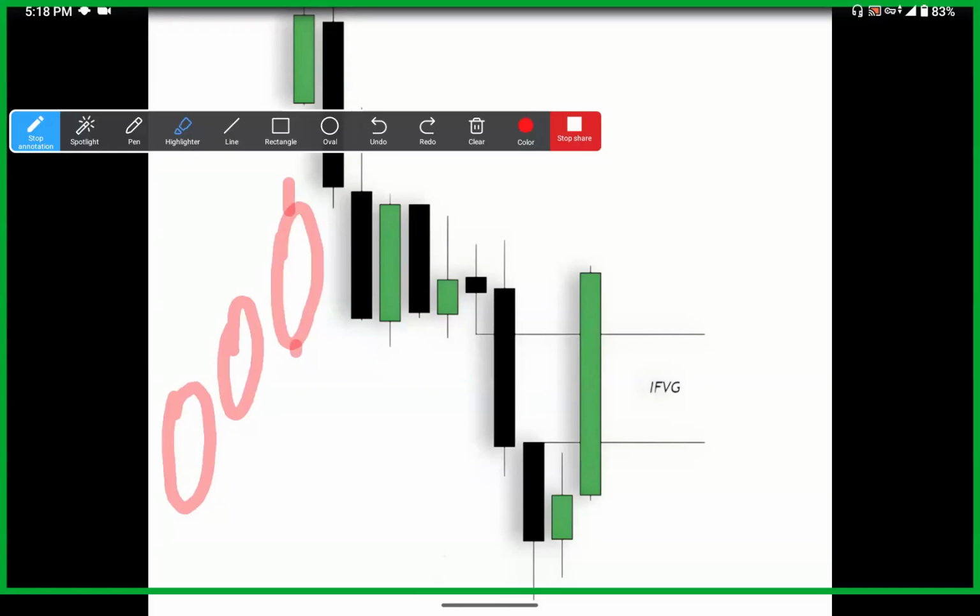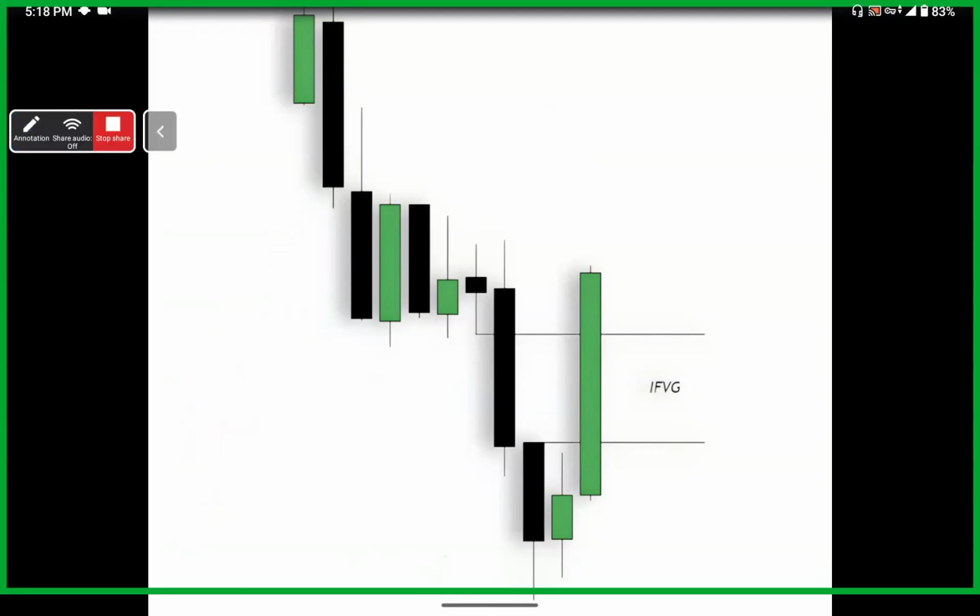This is when the candles fail to fill this gap. So this gap is what we call a fair value gap.